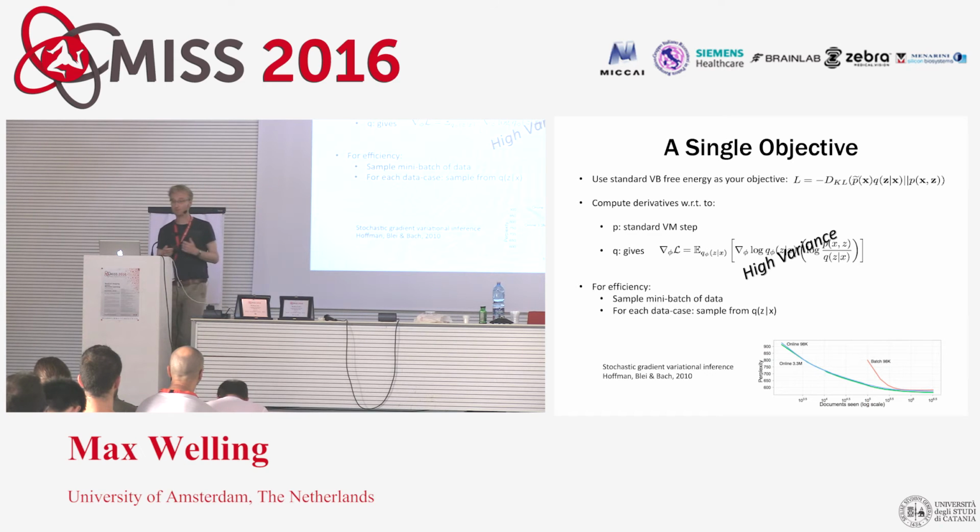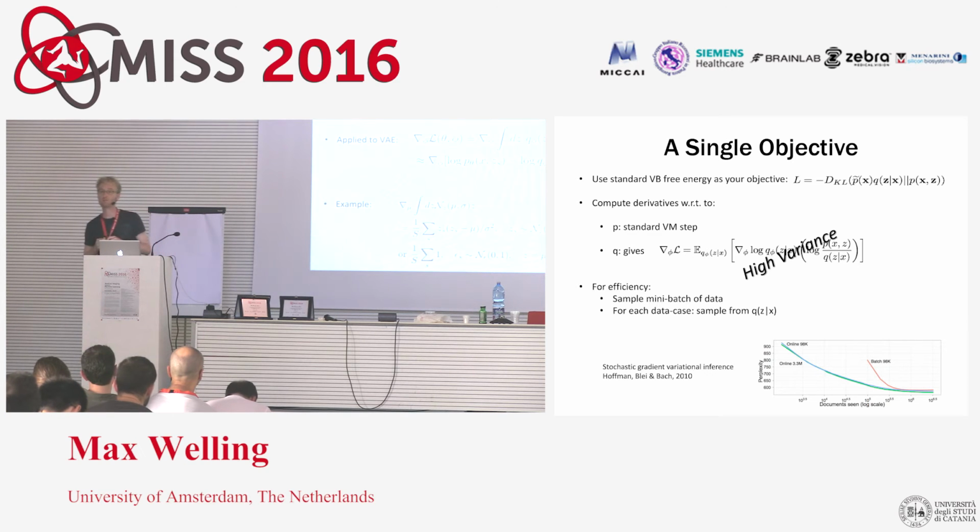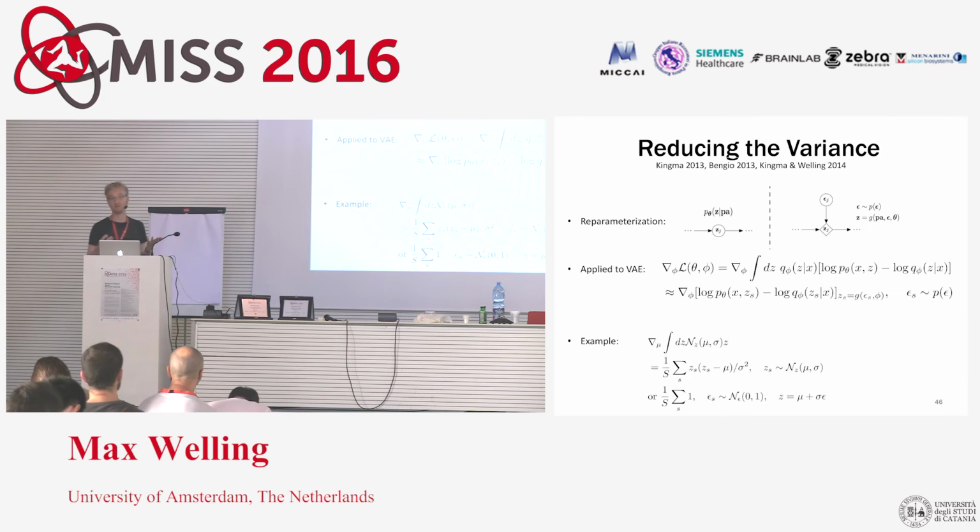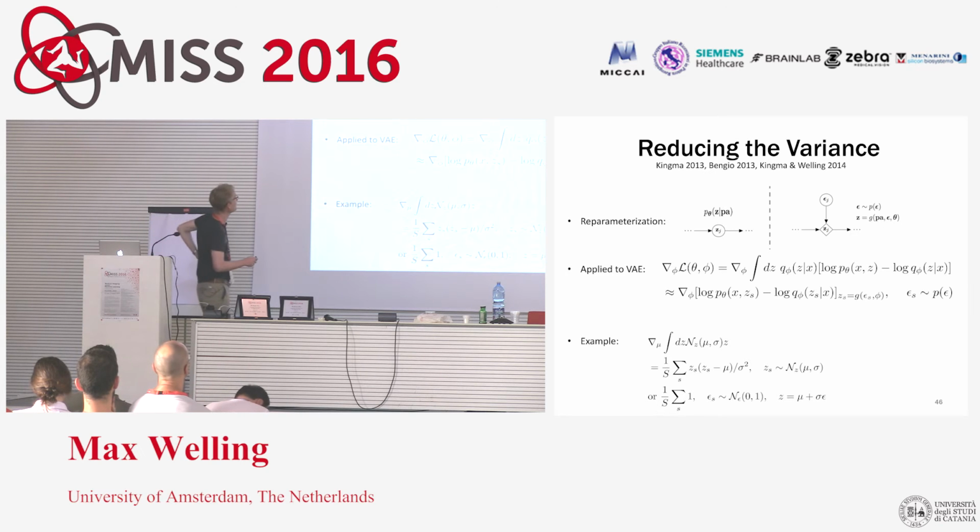And so we identified that the problem was the variance in the gradient. And then the question was, can you do something about it, right? And so Kingma had a very clever trick, which is what we call the reparameterization trick. It's super simple. It's amazingly effective. And the idea is, so I'm writing out, again, this gradient here.